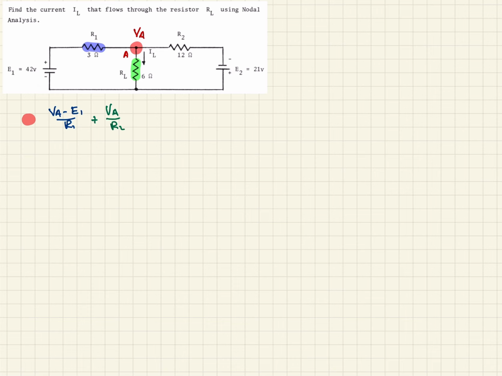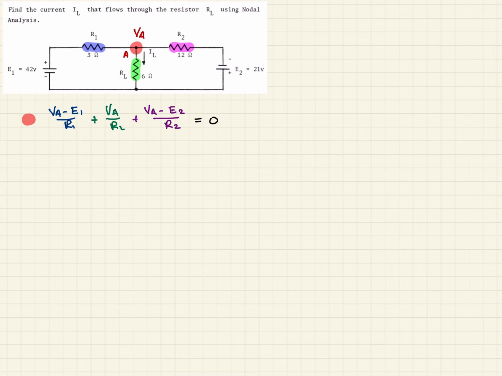That would be our current flowing there. And then finally, in R2, we should have VA minus E2 over R2. And so that's our three branches. And so we should be able to set all of that equal to 0.